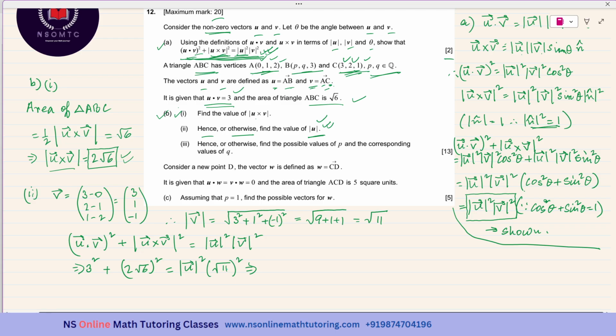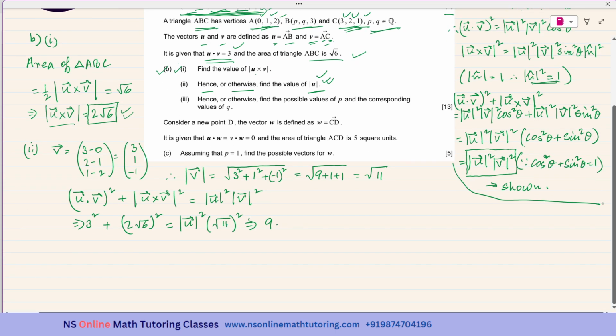So 3 square is 9, plus 2 square is 4, root 6 square is 6. So 4 times 6 is 24, equal to magnitude of U square times 11. And 24 plus 9 is 33, divided by 11, equal to magnitude of U whole square.